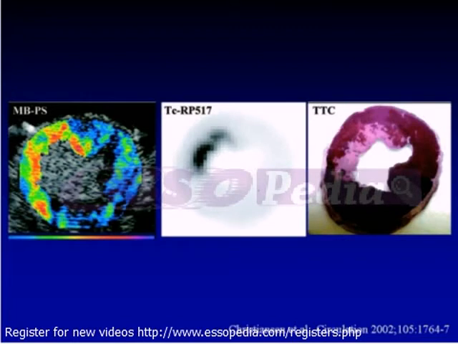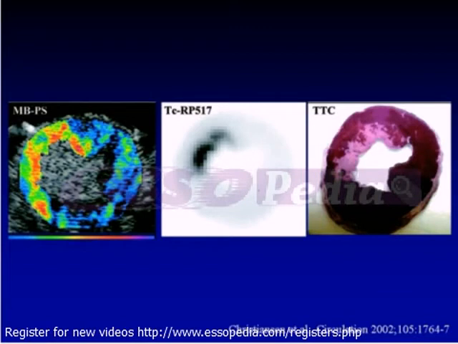The middle panel shows technetium RP517 imaging, which is a compound that will attach to inflammatory cells that have adhered to the inflamed endothelium. And finally, on the right-hand panel, we have a triphenyl tetrazolium chloride stained slice of the heart muscle, which demonstrates a subendocardial infarction.